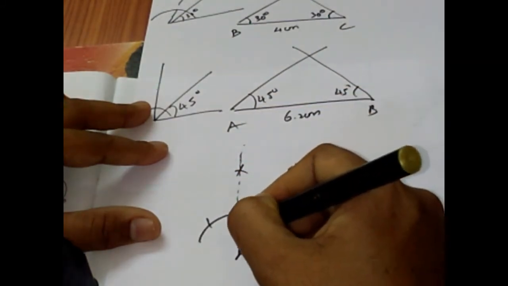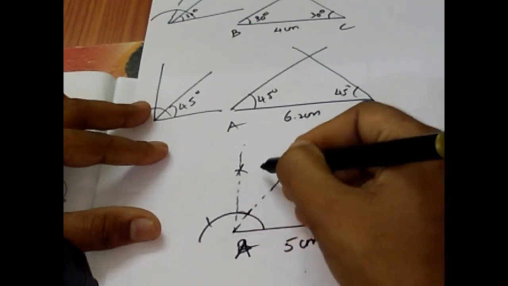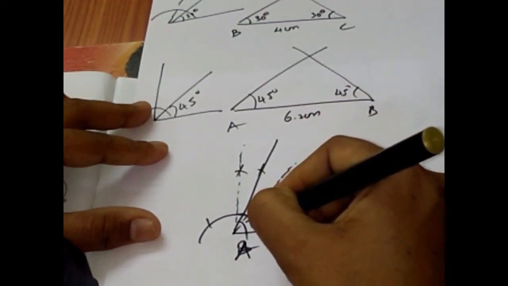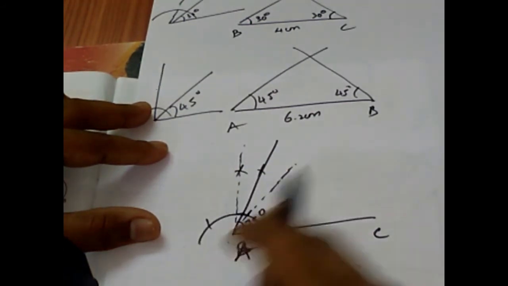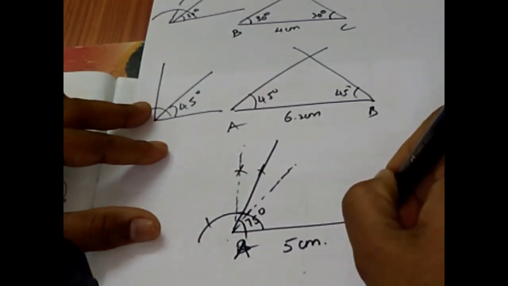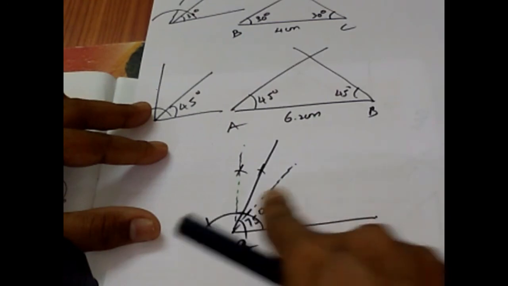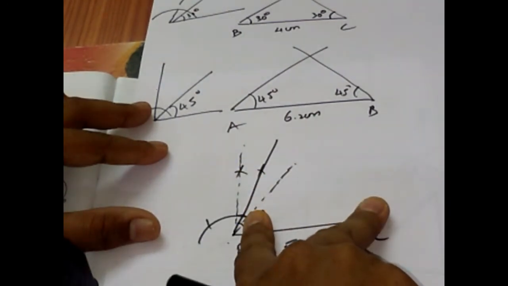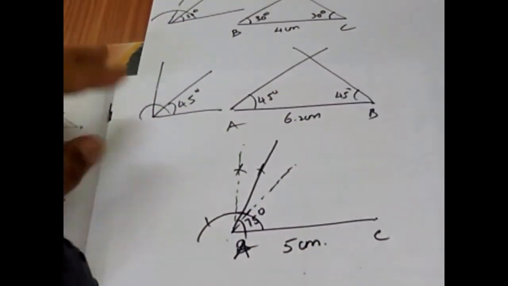Then the difference between 90 and 60 is 30. At this part construct an angle equal to 75 degree. You need to repeat the same procedure on the other hand side also at the point C, so that on both sides you will have the measure of angle 75 degree. The intersection point of these two angles will give you the third vertex.